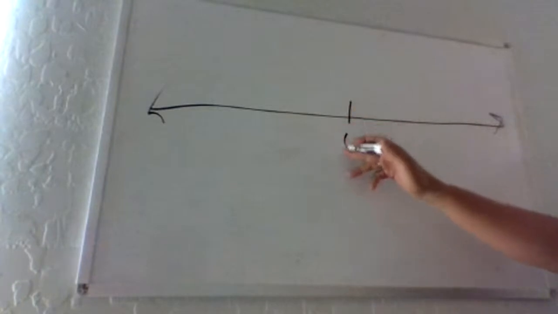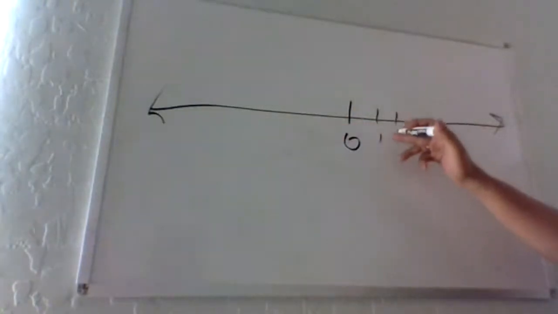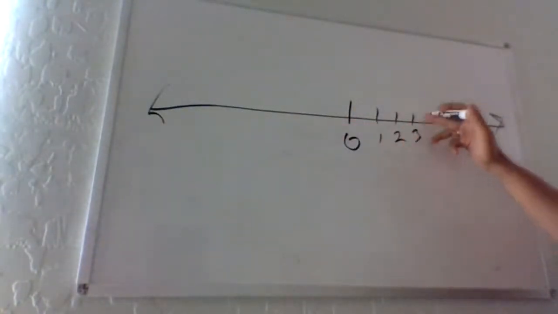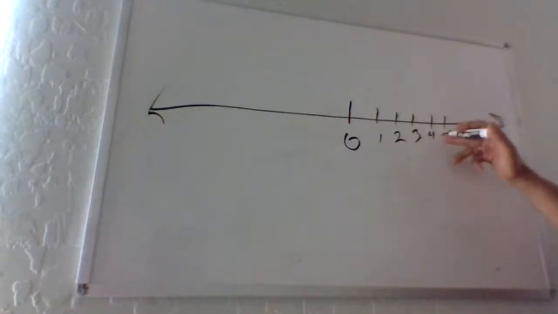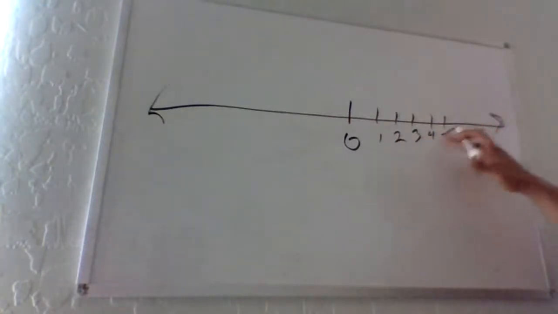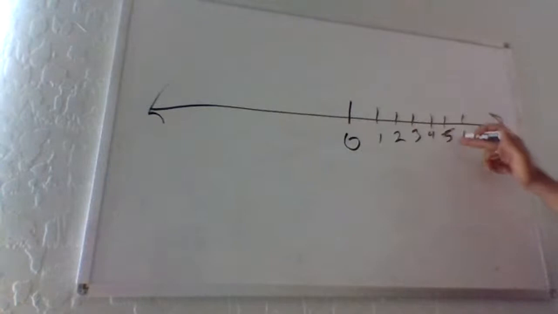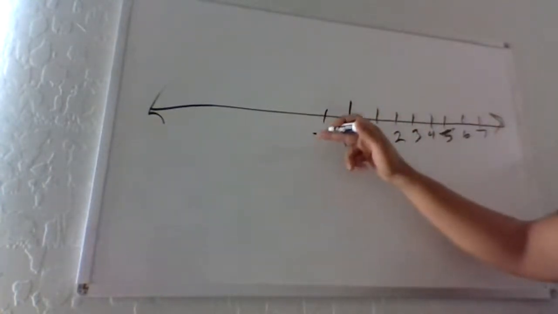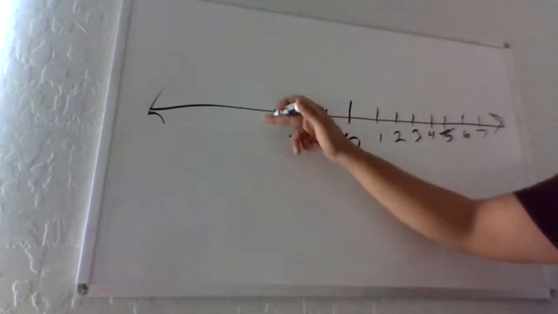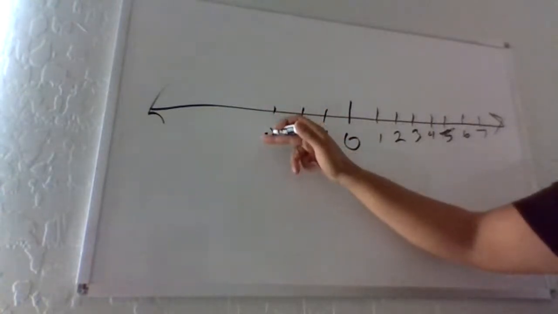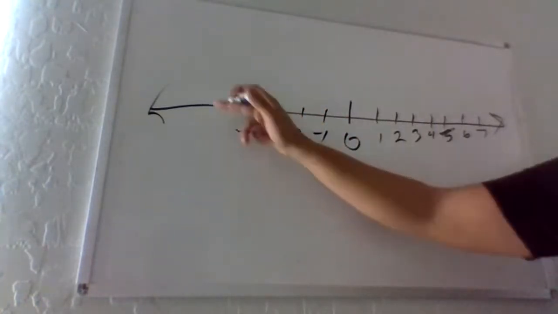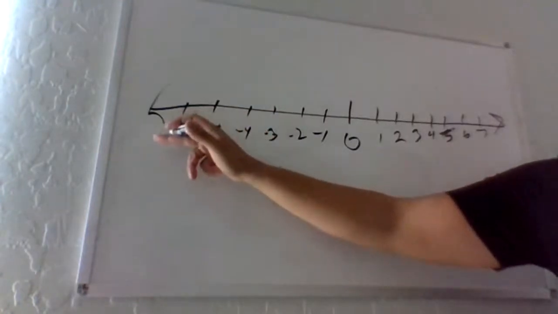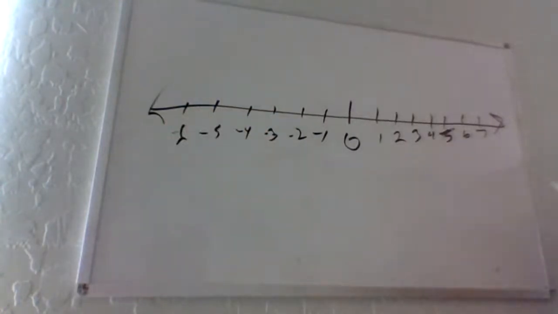So we start off at 0. Oh, that makes it look like it's negative. It's not. It's just a 5. Okay, so what am I going to do from here?